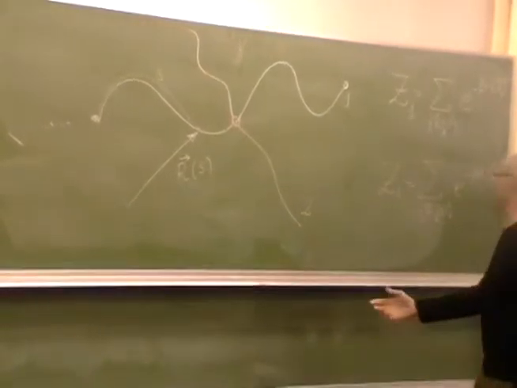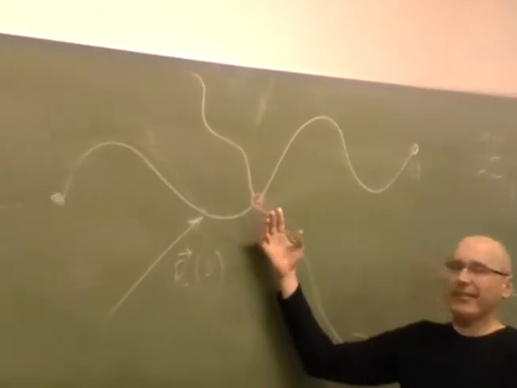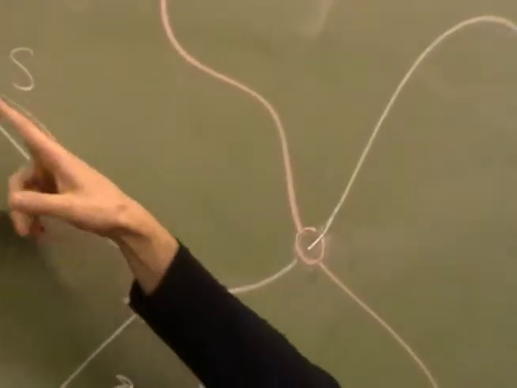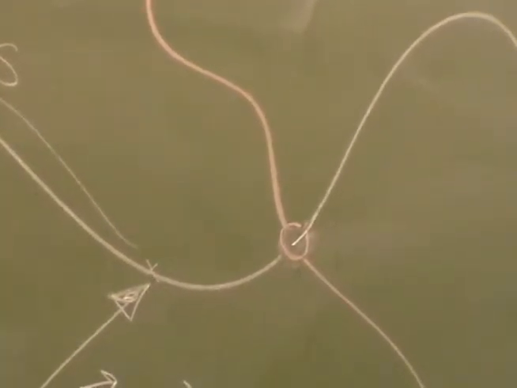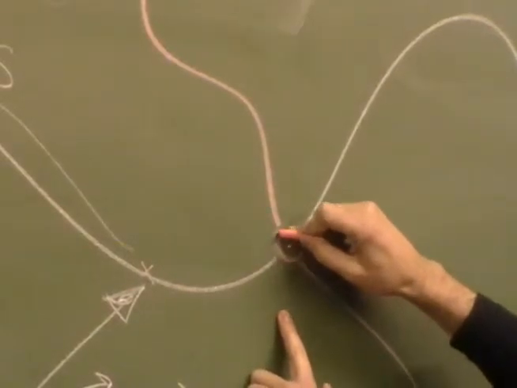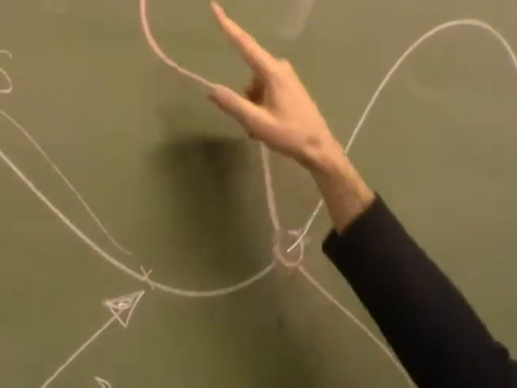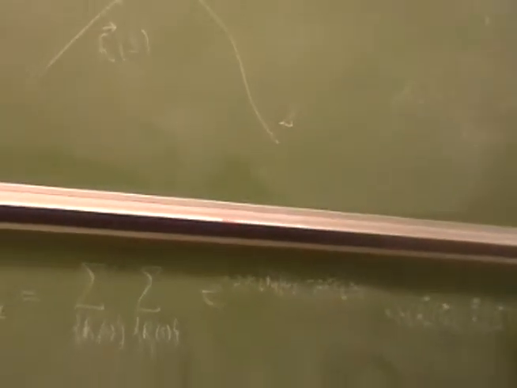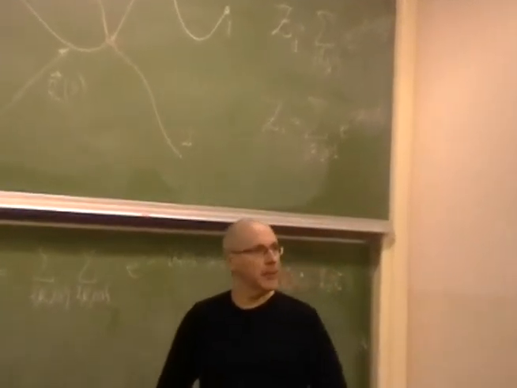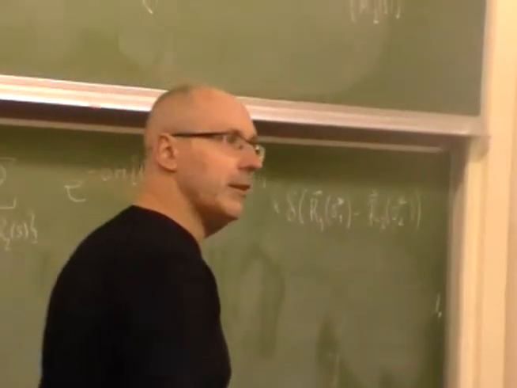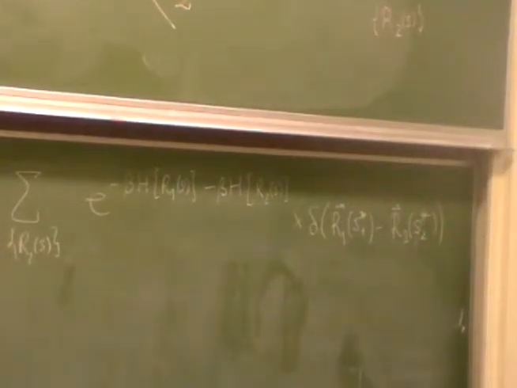So the crosslink says that these two chains are mutually constrained, but actually the position where it is along the arc length over here, and perhaps also where it is on the arc length over here, so it's like a little ring that connects these two, can shift. So S1 star and S2 star are no longer permanent numbers that are fixed at the same formation. This is called the slipping link.